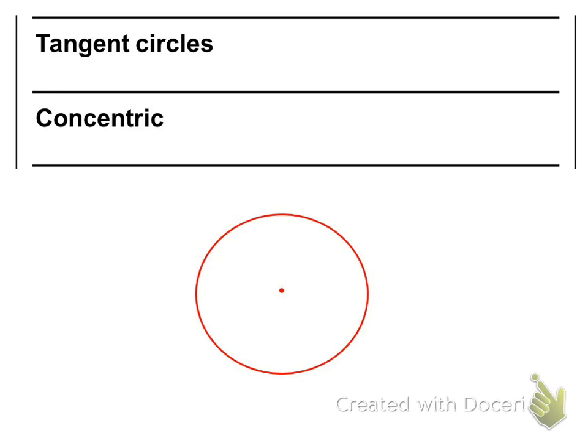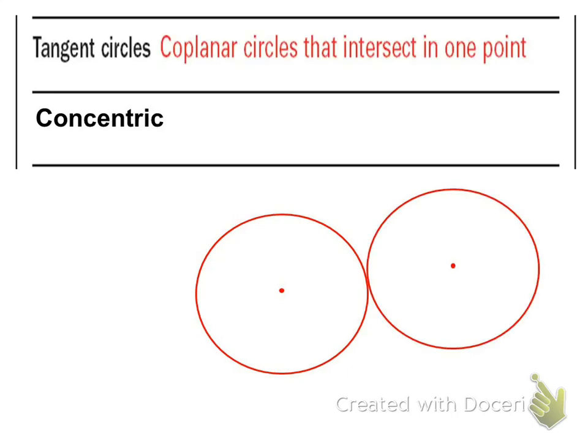All right, tangent circles. Tangent circles are coplanar circles that intersect in one point. Like in this diagram, these two circles intersect at one point here. They are tangent to each other. This is their point of tangency, this point where they intersect each other. What about these two circles?